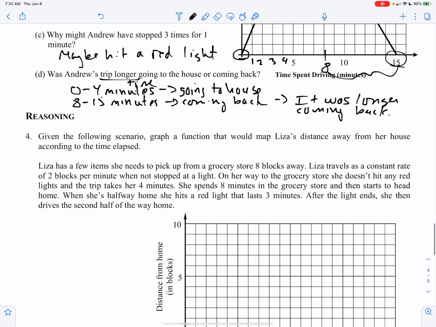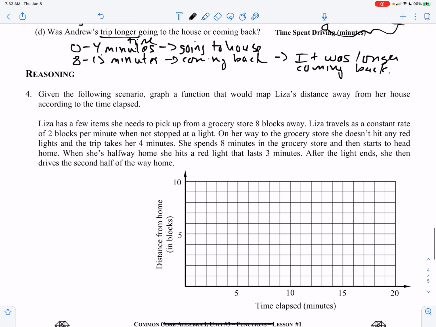Okay. Now, given the following scenario, graph a function that would map Lisa's distance away from her house according to time elapsed. Same idea, distance from home in blocks, time elapsed in minutes. Lisa has a few items she needs to pick up from the grocery store 8 blocks away. So she's going a total distance of 8 blocks away.